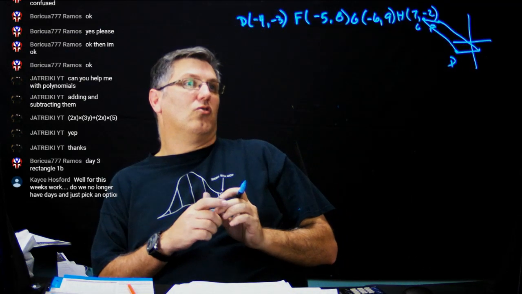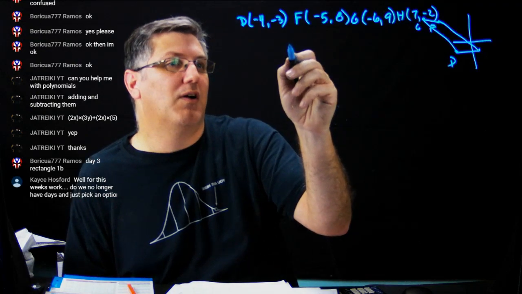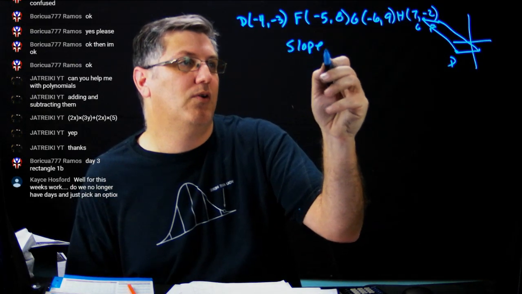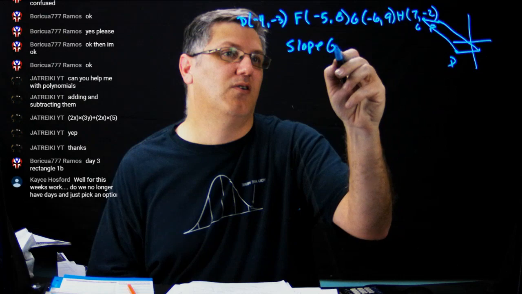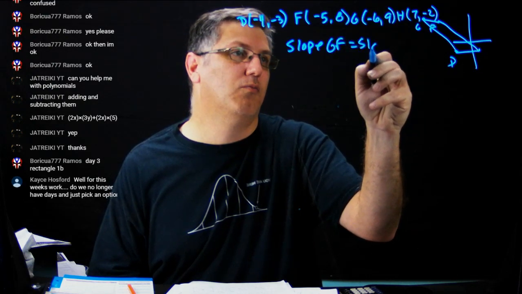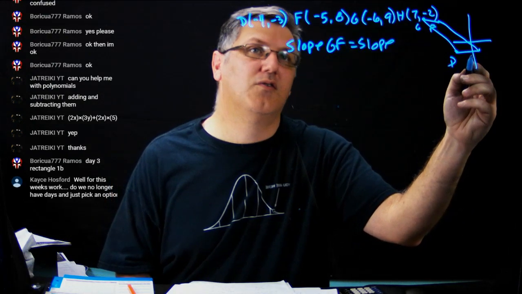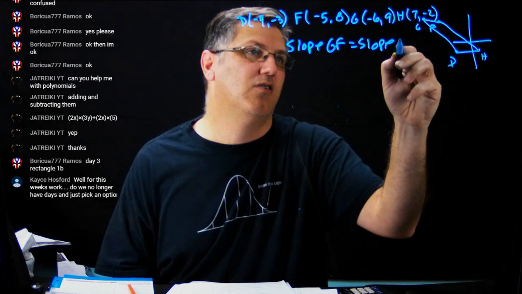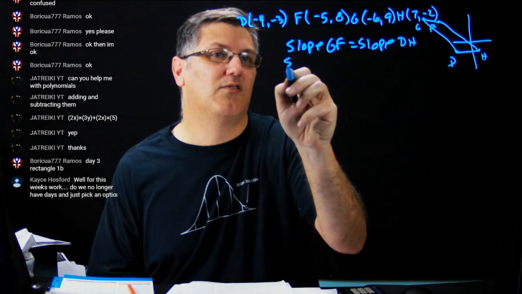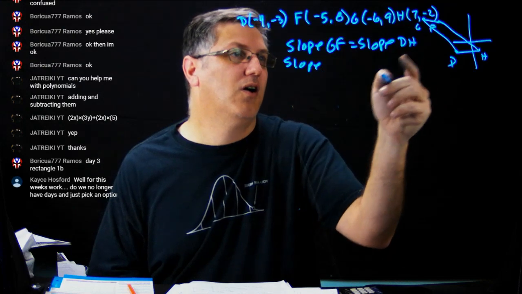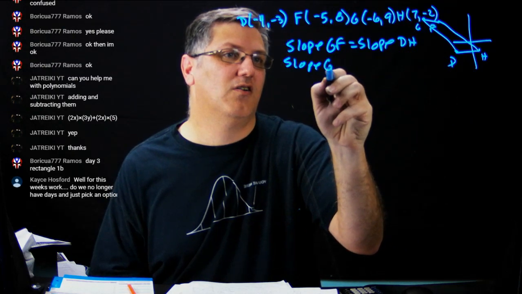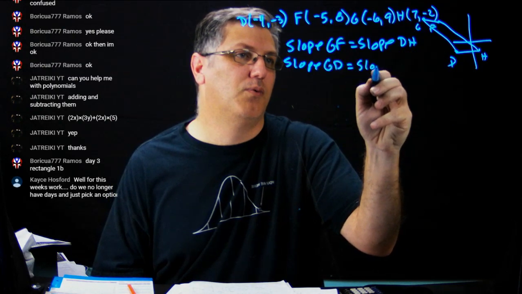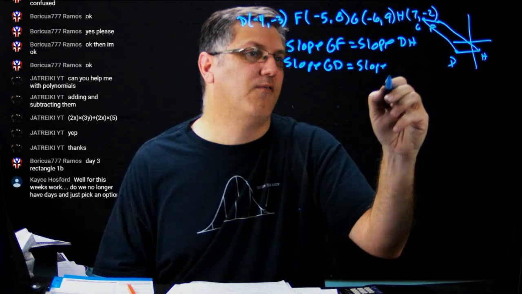All right, so for this to be a rectangle, we need to have the slope of GF equal the slope of DH. And then we need to have the slope of GD equal the slope of FH.